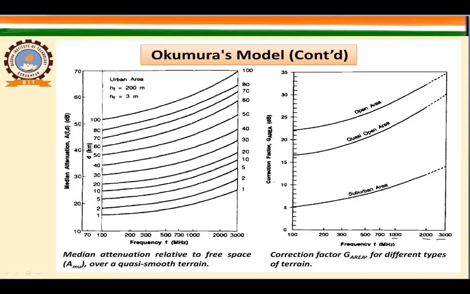And on the y-axis, the correction factor goes 0, 5, 10, 15, 20, 25, 30, 35. And here you can see the same scale in urban area. h_te is given as 200 meters, and h_re, that is the height of the receiver, is 3 meters.